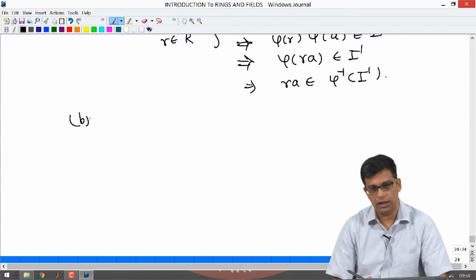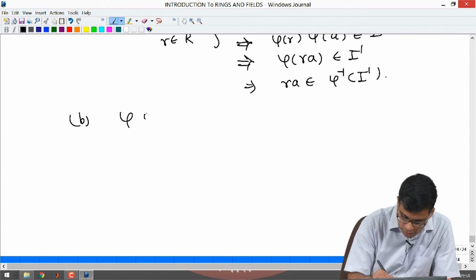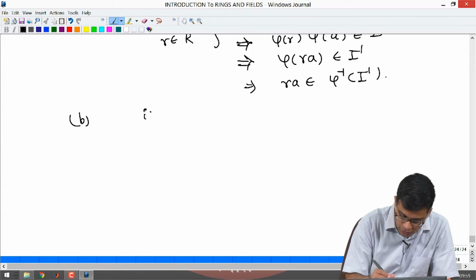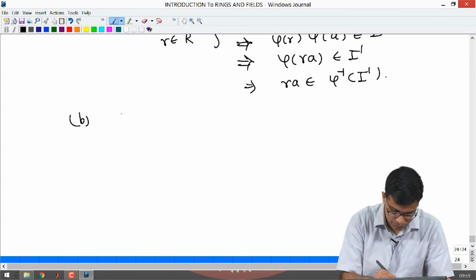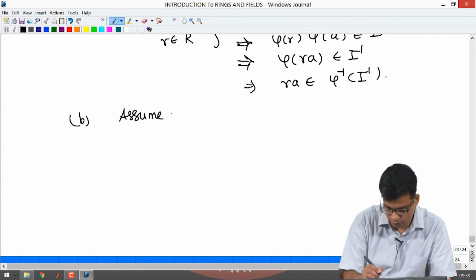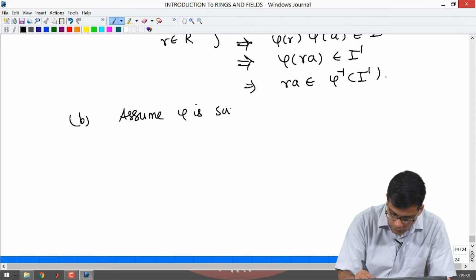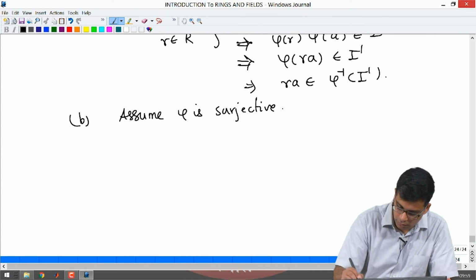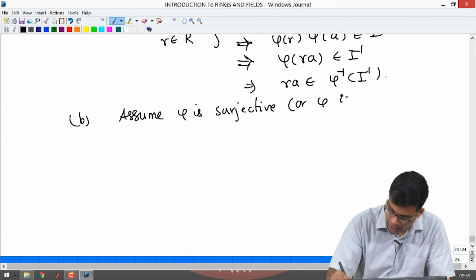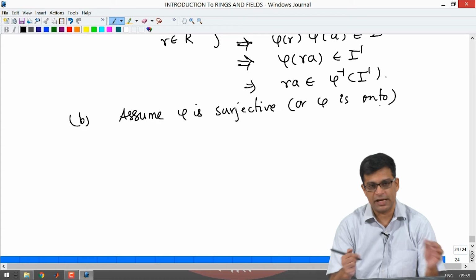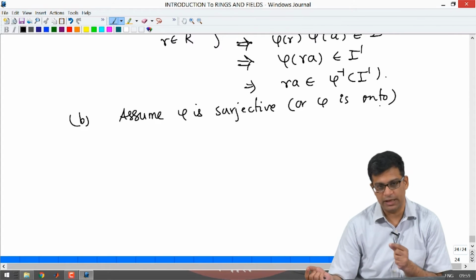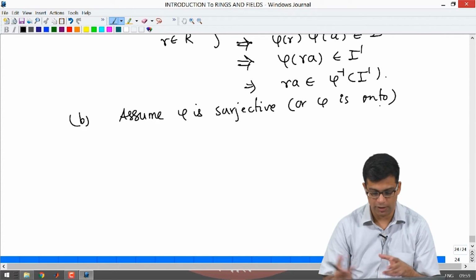What about the image of an ideal? Here we have to assume that phi is surjective. What does surjective mean? Another word for it is that phi is onto. That means every element of R prime is the image of something, so the image is equal to R prime.